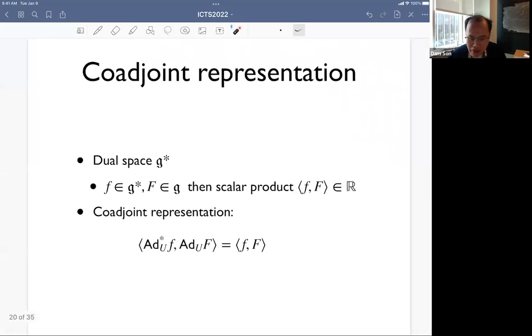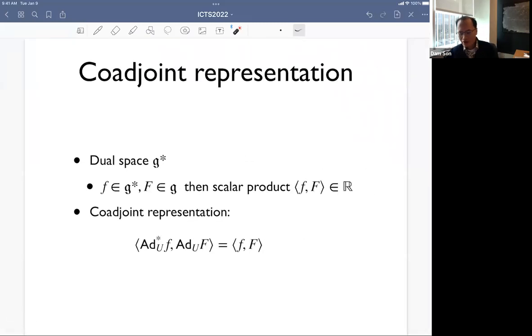We can define the coadjoint representation in the following way. First, we define the dual space G star. A dual space is defined so that for any pair of an element of the dual space and an element of the algebra, we can define a scalar product. And the coadjoint representation is defined so that if we rotate both small f in the dual space and big F in our algebra, the scalar product doesn't change.